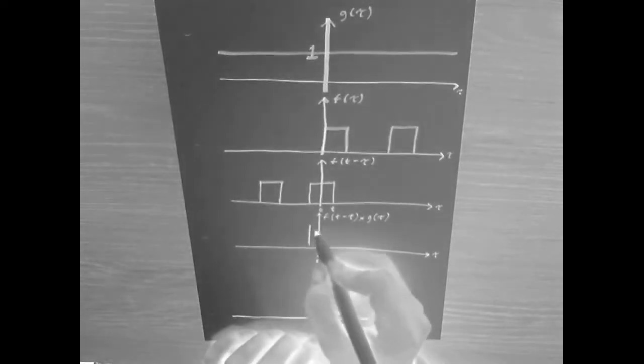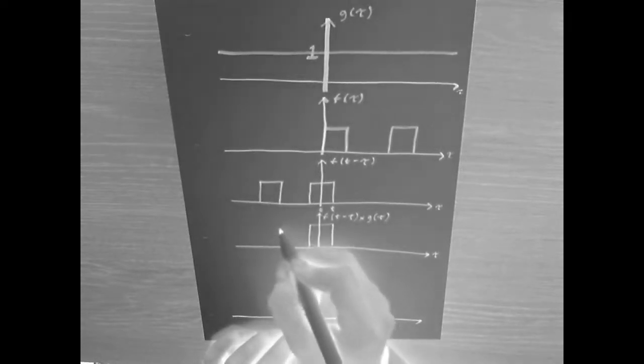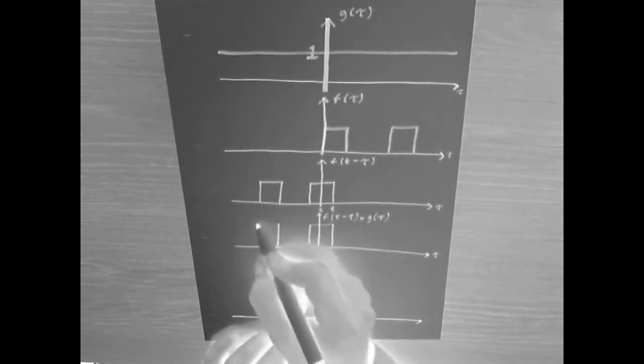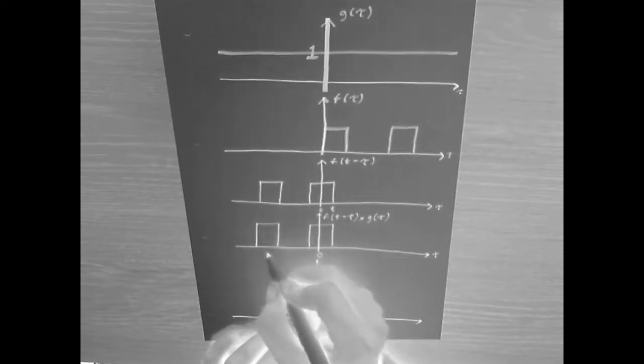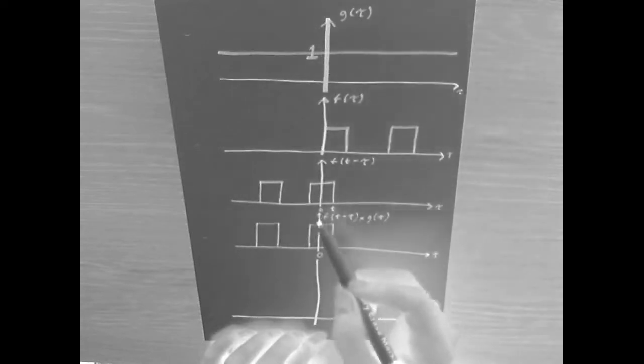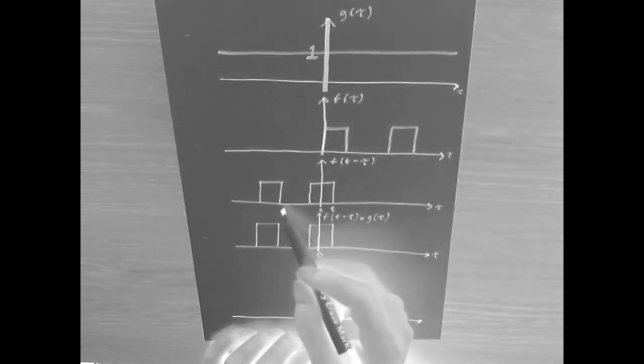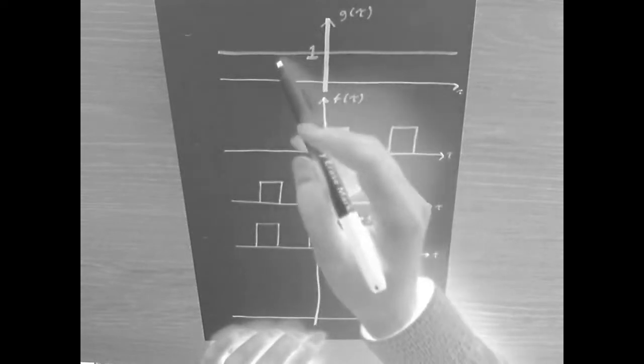So we draw something like this. Which is effectively these bits multiplied by that, which is equal to these bits, and then these bits at 0 multiplied by that is equal to 0.